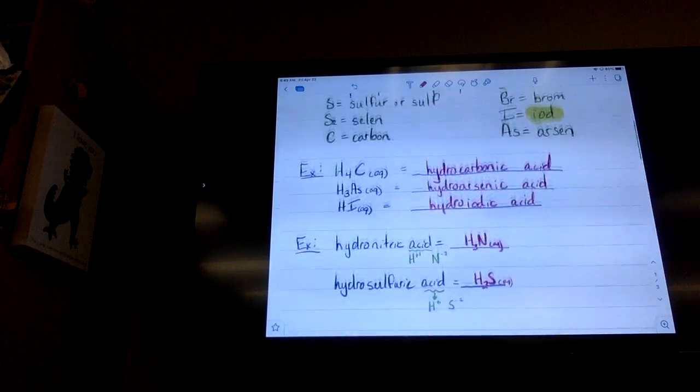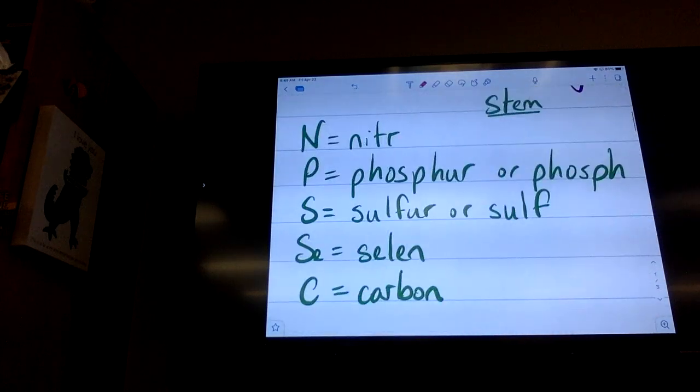Sulfuric. Good. Look up at the S, the P, and the S. There's two possibilities. You can use either one. So it's either sulfic acid or sulfuric acid, whichever one you choose. You'll get counted correct for both of them.